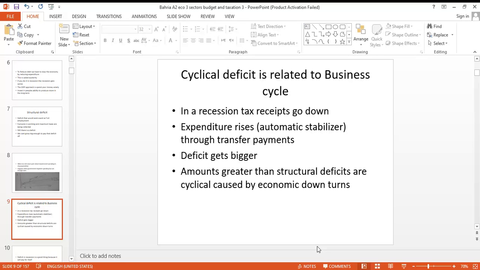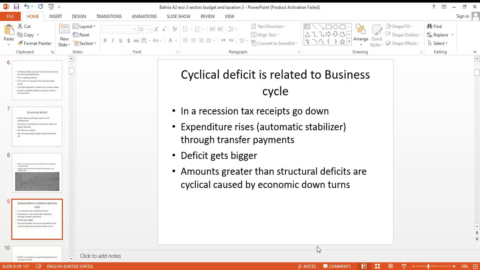So what happens in a recession? When there is a recession, your tax receipts go down, but your expenditure automatically rises as people file for benefits. The government starts paying transfer payments, starts supporting the people.